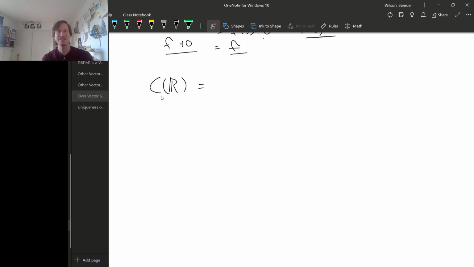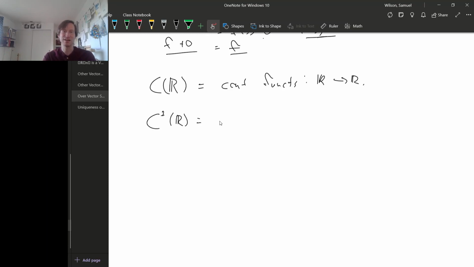So this C of R, this is the usual notation for continuous functions from R to R. We could ask that our functions be differentiable, and the way to say that is to put a superscript here. So this is a 1, it's not a prime. Right? So this is also a vector space.